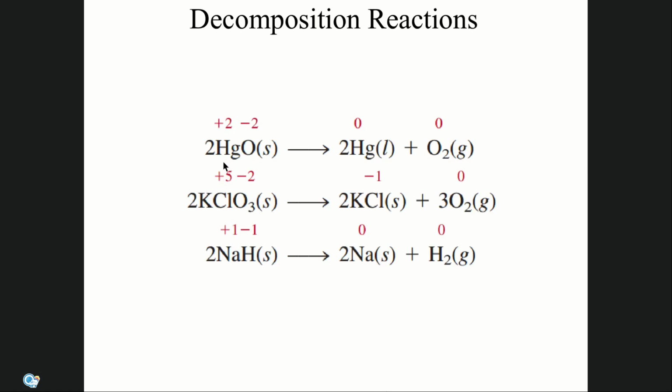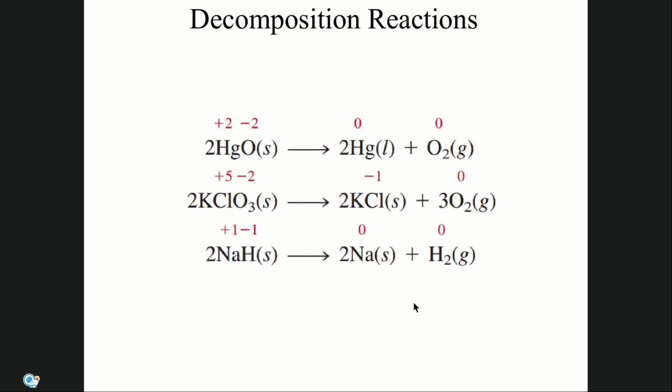the decomposition of hydrogen oxide, decomposition of potassium chloride and sodium hydride.